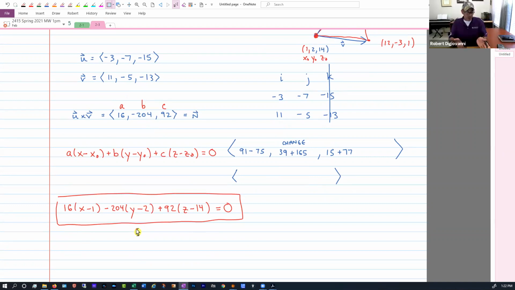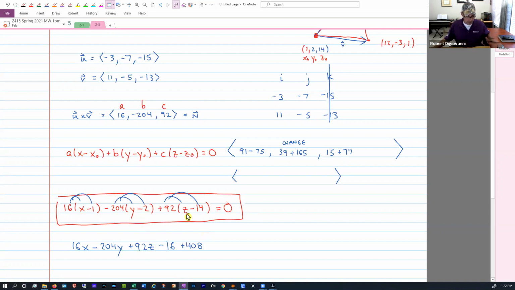Now, this is correct, but you could also distribute through. And if you distribute this through, then you'll wind up with like 16x minus 204y plus 92z. And then you got a bunch of numbers to put together. So you got like -16, that's from here. What is that? Positive 408.